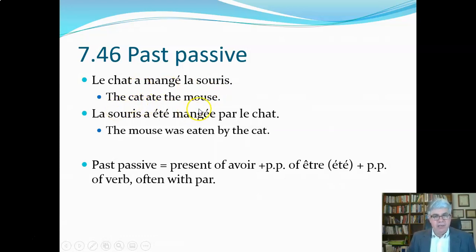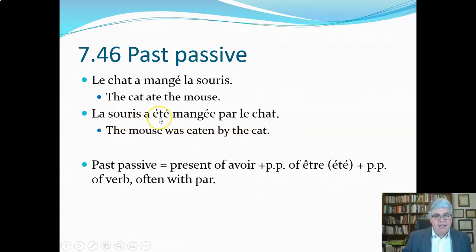So the cat ate the mouse. But I could also say, la souris a été mangée par le chat. The cat has been, so this is the past participle of être, and then another past participle of manger, par le chat. The mouse was eaten by the cat.